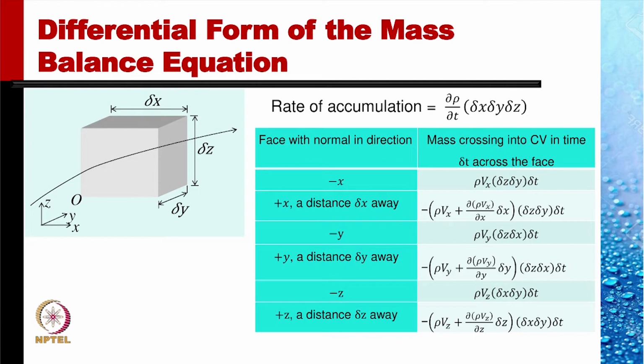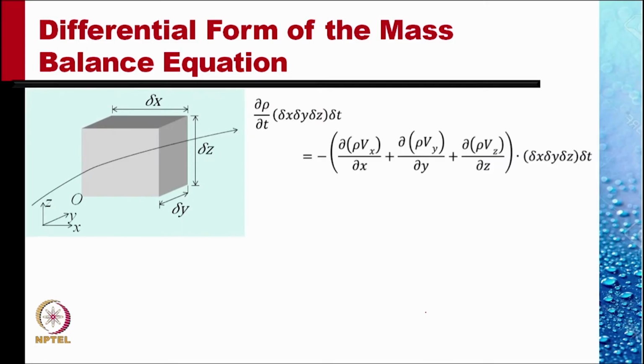The net influx is obtained by adding these 6 terms, so that the accumulation del rho by del t into the volume times delta t is given by the remaining terms of the efflux, with the negative sign for converting this into influx.